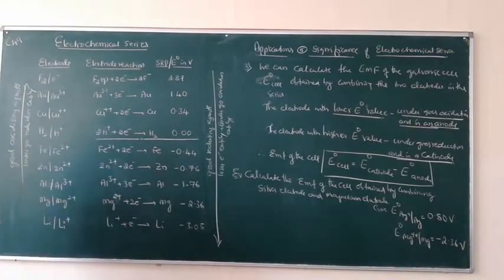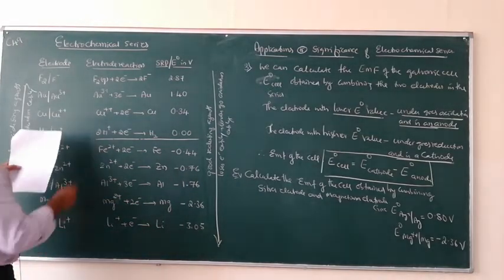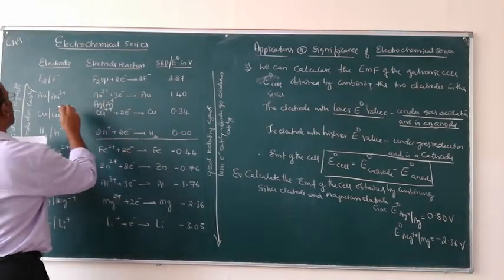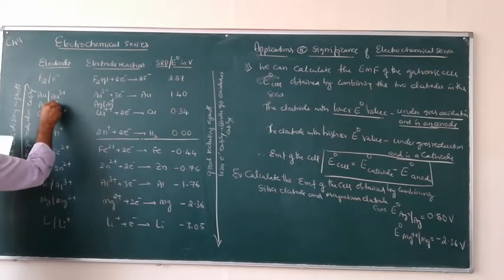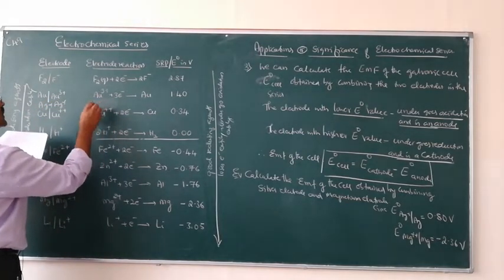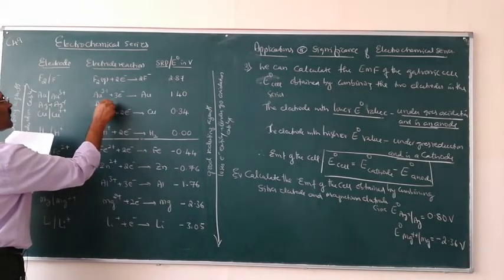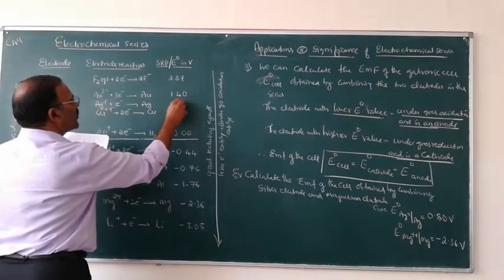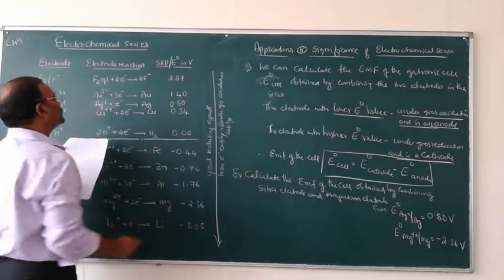So in the example, here there is another electrode, namely Ag bar Ag plus. So Ag plus electron gives Ag, this is 0.80 volt.